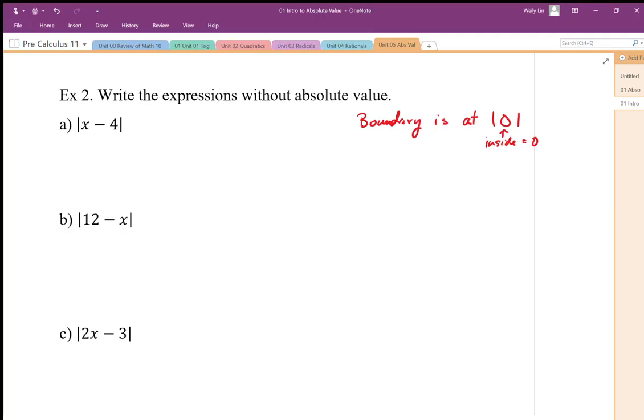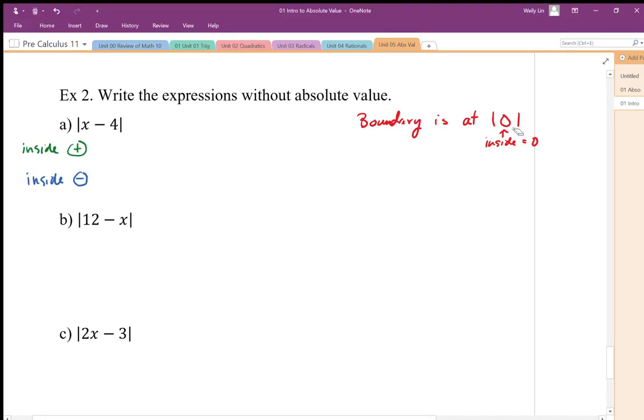There's going to be a positive domain, when the inside is positive, and there's going to be a negative domain, where the inside is negative. And where's the boundary between positive and negative?